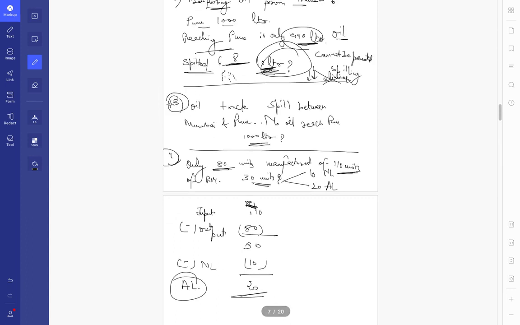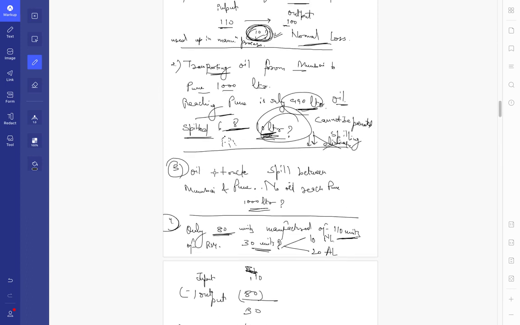Now another example which I'll take is of the oil truck. Let's say our oil truck falls down in between and all the 1000 liters of fuel or oil is wasted. So that becomes your abnormal loss. Not the whole 1000 liters, only 990 liters, because in the previous illustration you can see that 10 liters is your normal loss.